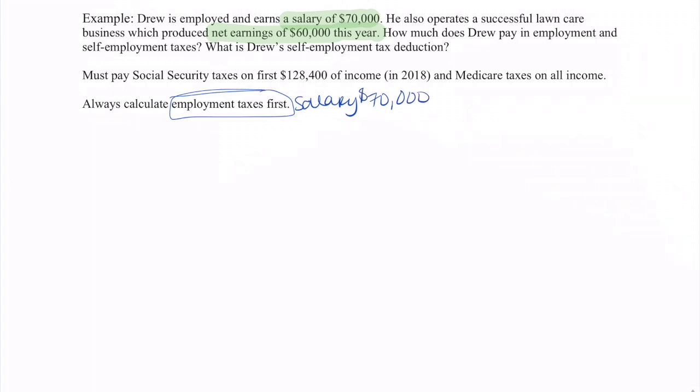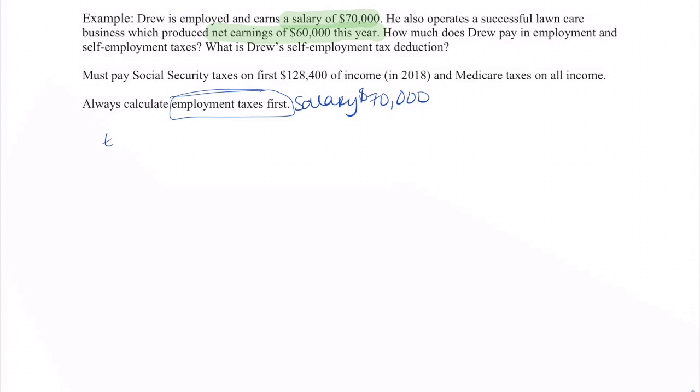On the first $128,400 of income, there's going to be 6.2% of Social Security and 2.9% of Medicare. Since the employer is legally required to collect these employment taxes, we're going to start here. We'll always start with the employment taxes first. It works in the taxpayer's favor because they end up paying less FICA taxes out of their pocket.